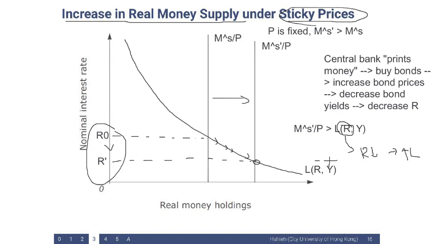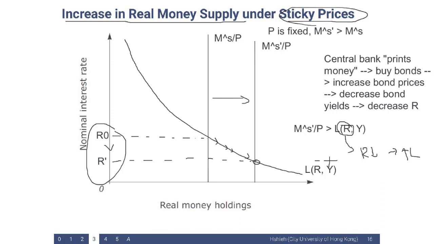So again, downward sloping relationship between liquidity preference and interest rates, or negative relationship. And let's have a starting equilibrium arbitrarily at this point. So let's call this MS over P. And let's denote this as L R Y.